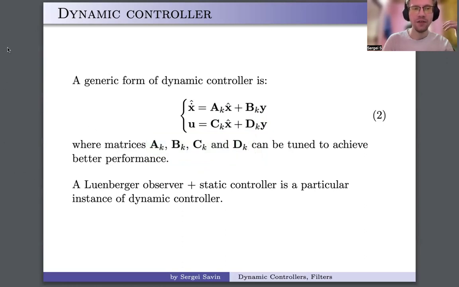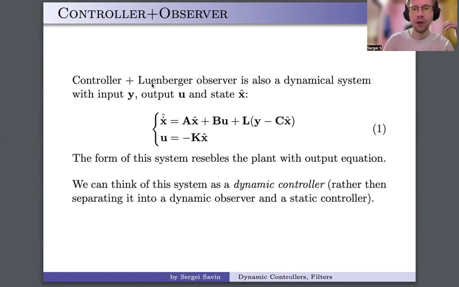So in fact, when we said we use Leuenberger observer here, we automatically tune those matrices by choosing that the state matrix that is in front of x hat, in this case, would be equal to A minus BK minus LC. We just decide that this is what's going to be. Right? By the way, where did it get it from? One more time.